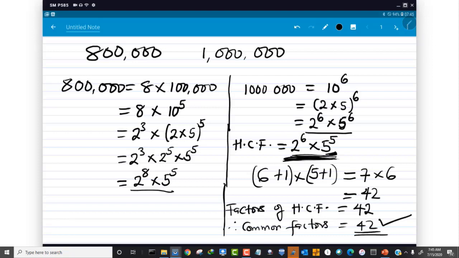So the number of factors of the HCF will be equal to the number of common factors of the two or more numbers you have. Alright, so that means 800,000 and 1 million have 42 common factors, which are the same as the factors of their HCF.